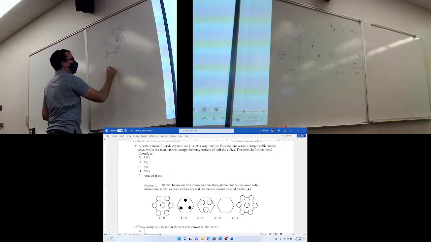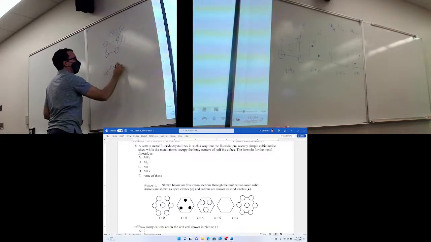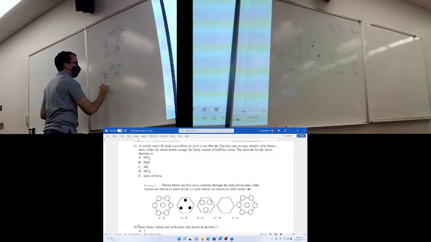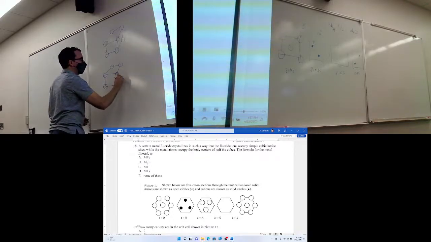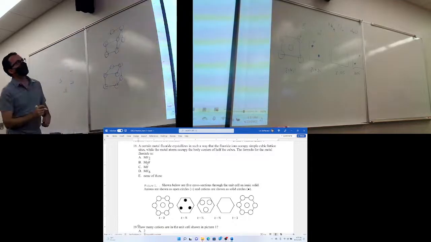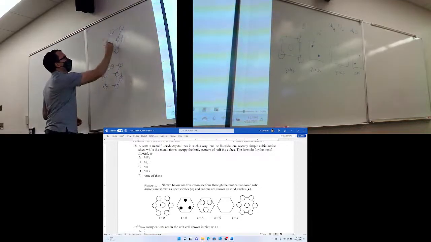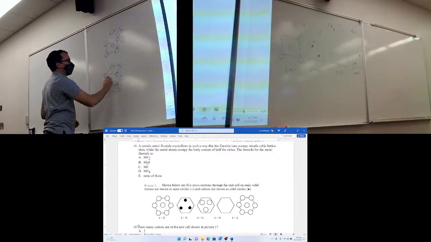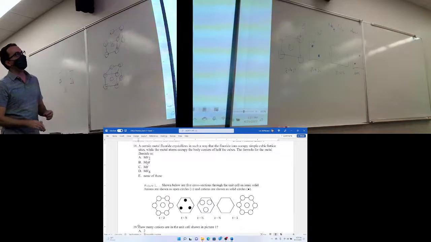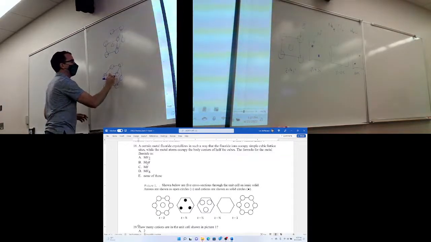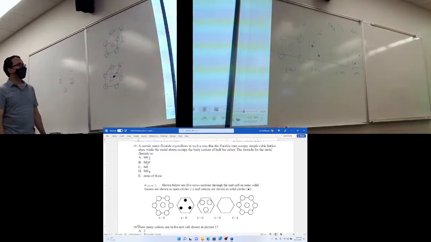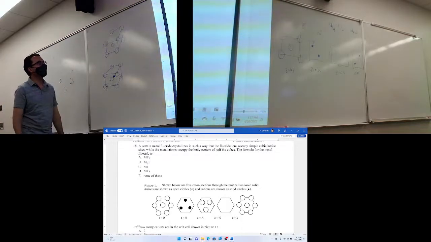And then the other half have this pattern where the fluorides are still in the simple cubic formation, but half of them have an atom, a metal, that's in the very center. So let's say this one has a metal in the very center. These are the two unit cells I find in my crystal. Half of them are like this, half of them are like this. What is the formula going to be?